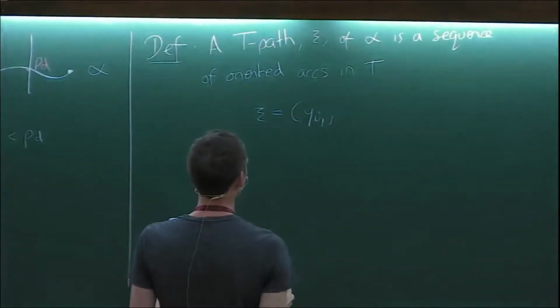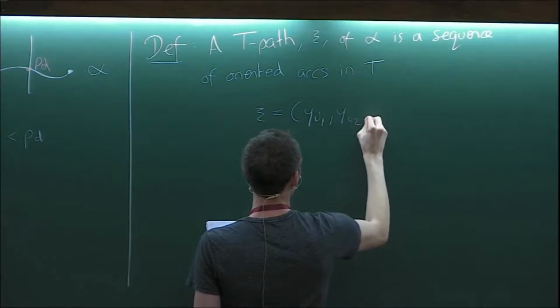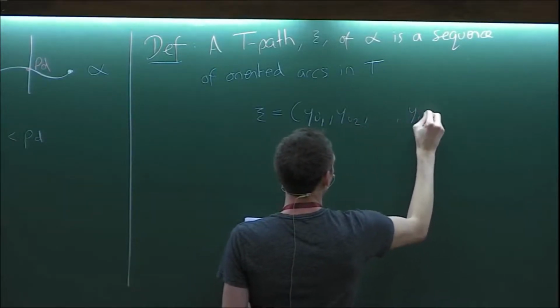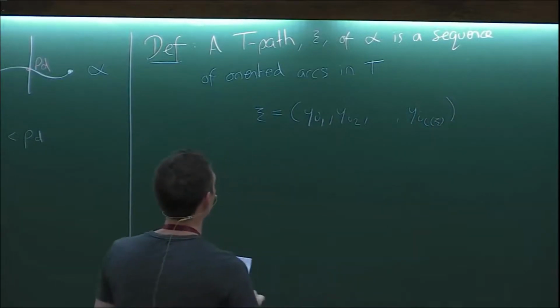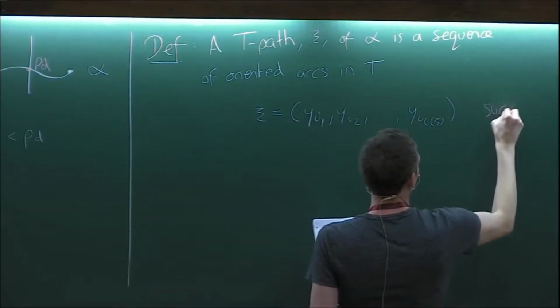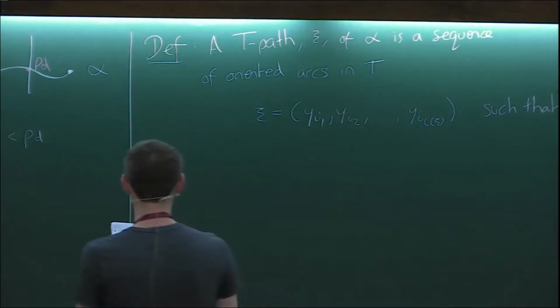So this sequence, let's say it's gamma I1, gamma I2, up to gamma I length of zeta. And as I said, it has to satisfy some conditions.